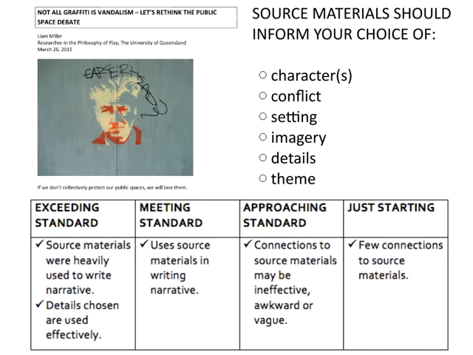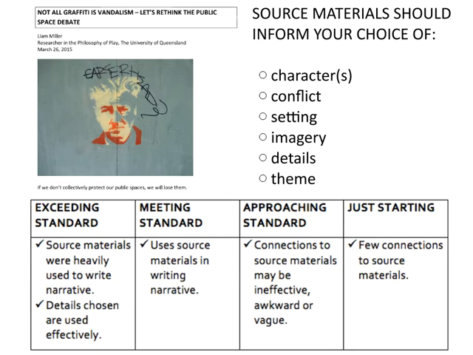This is one of the three things that you are being graded on in this narrative. In order to receive a meeting standard, you are using the source materials in writing your narrative, your story. As I read through your narrative, it should be clear that you've drawn details, whether those are descriptive details or whether you've found a conflict or a setting within these texts or images.